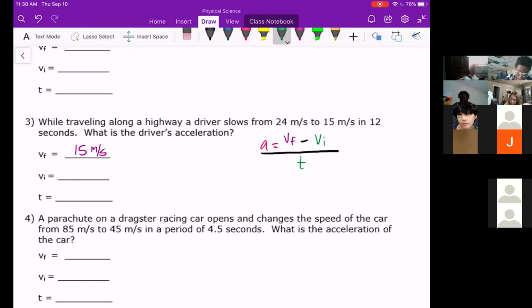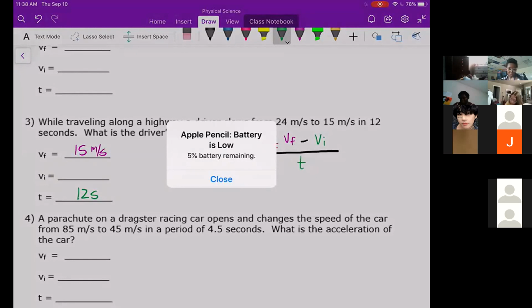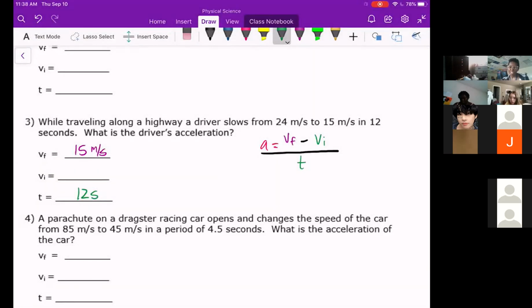Time. Time, 12 seconds for time. Very nice. All right, and then Fitz Marlin, what else do you want? What else do we have? The 24. 24 for the initial, very nice. All right, 24 for the initial.